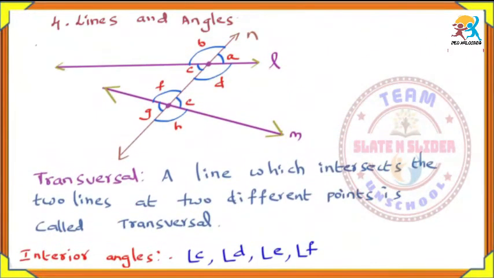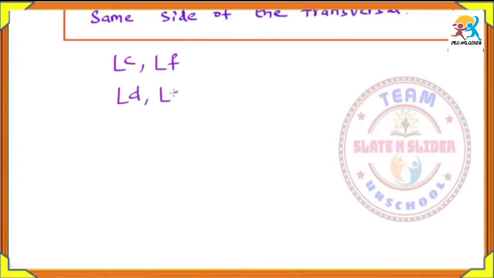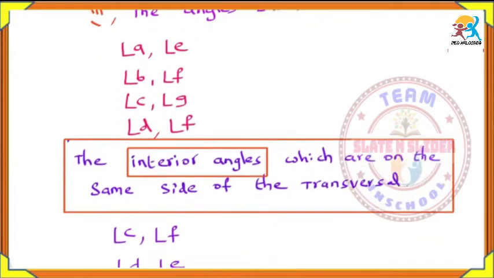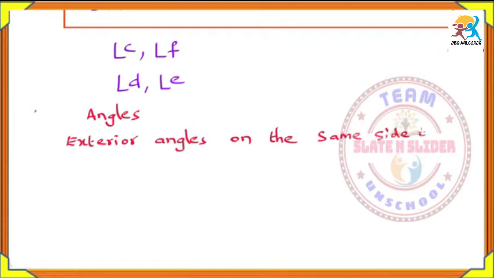and angle D comma angle E. And next one we should take as exterior angles on the same side of the transversal.